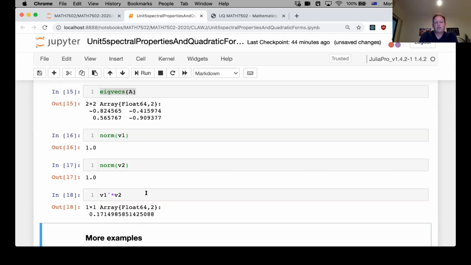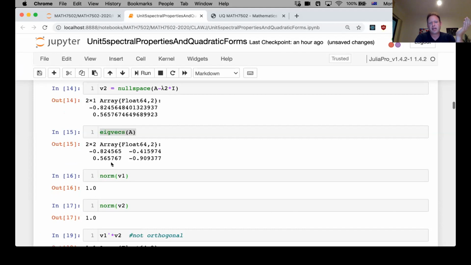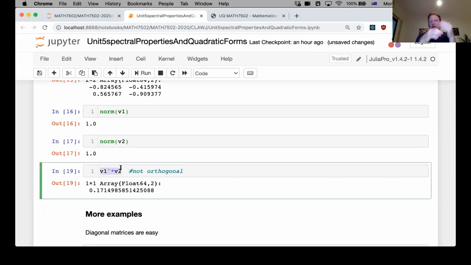They're not orthogonal. We would have loved for them to be, but they're not. So the linear transformation A does not have orthogonal eigenvectors. Sure, we can apply Gram-Schmidt on this, but then we lose the structure of the eigenvectors.